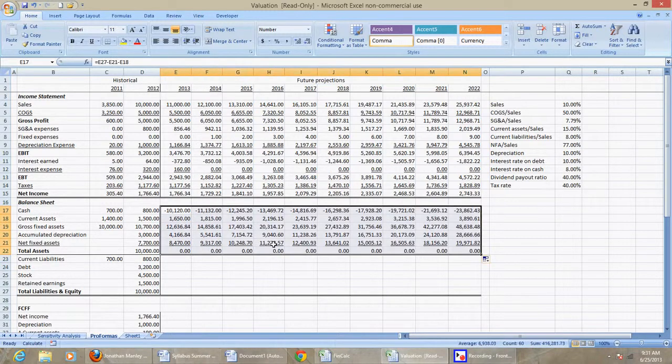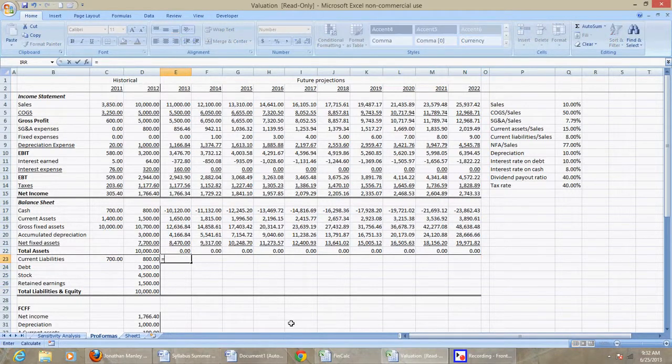Copied it all the way over. See, these are all zeros because I have nothing for my liabilities and equity, right? So I have to put that in. So my current assets, current liabilities are percent of sales. My debt, I know from talking to management, the plan is to pay down the debt according to the following schedule, and then they'll have no debt after that.